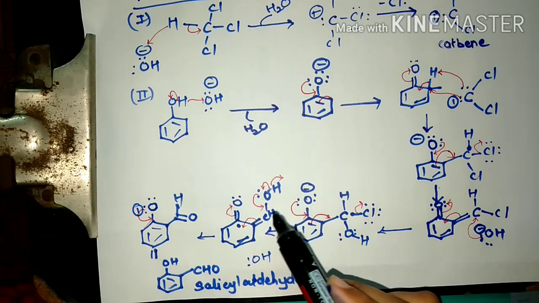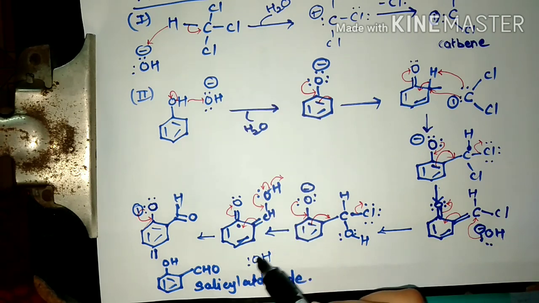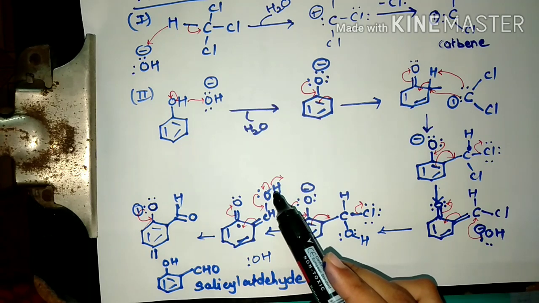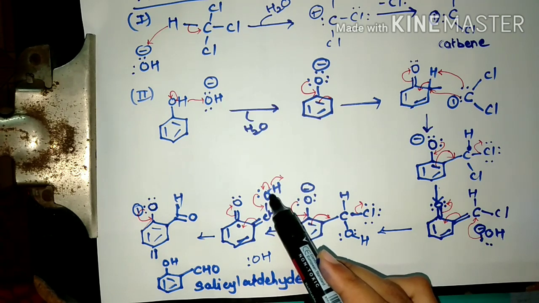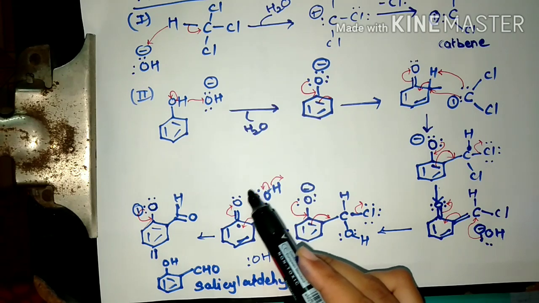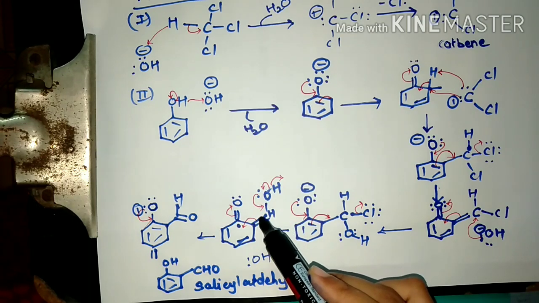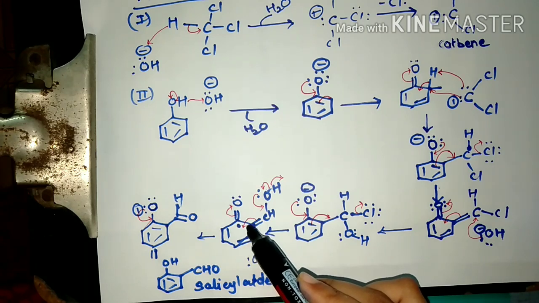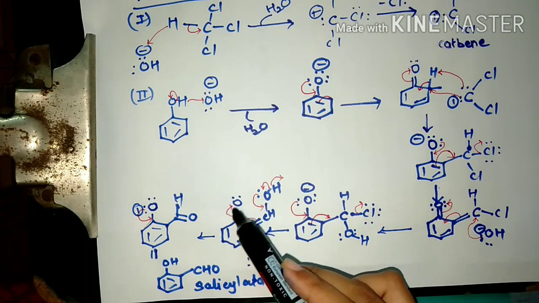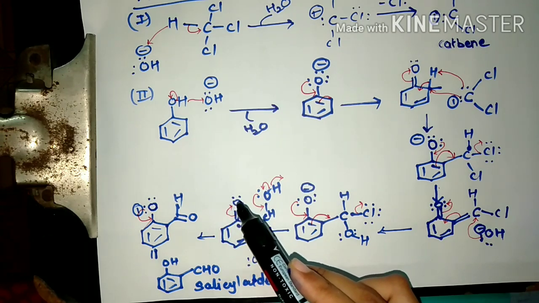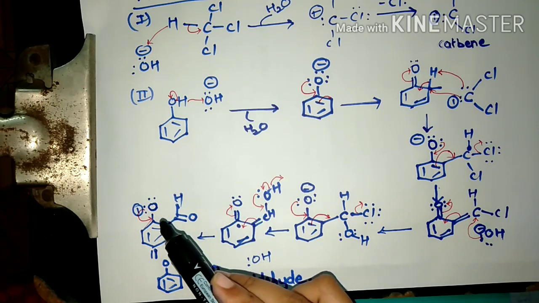Now again what will happen, the base which is there in the reaction takes this hydrogen, and oxygen becomes O negative, so it gives its electron to carbon, this double bond is shifted over here, and this double bond is shifted onto the oxygen, so oxygen becomes O negative again.